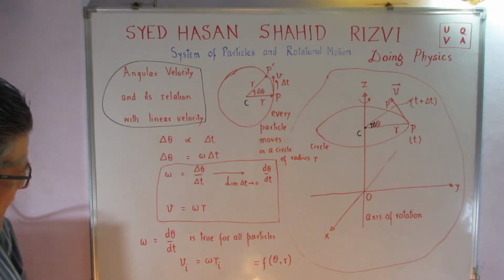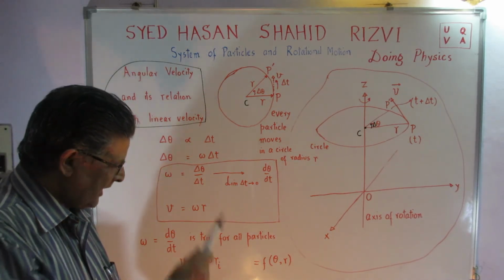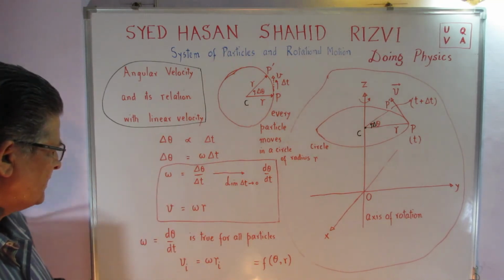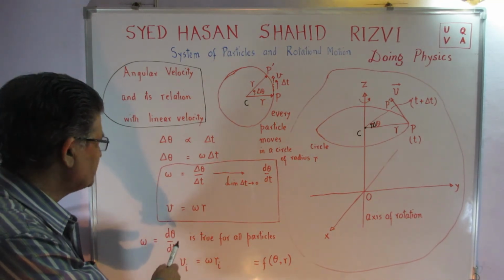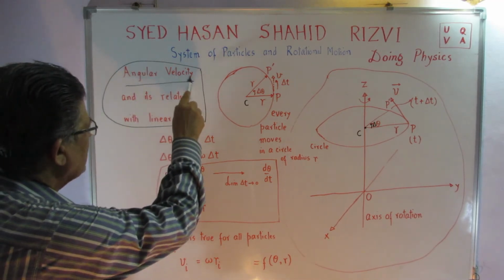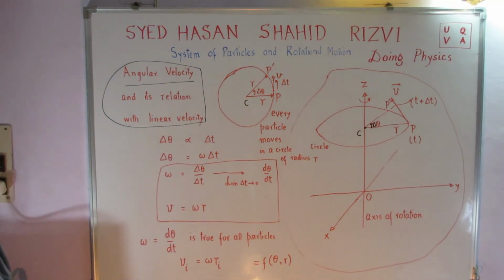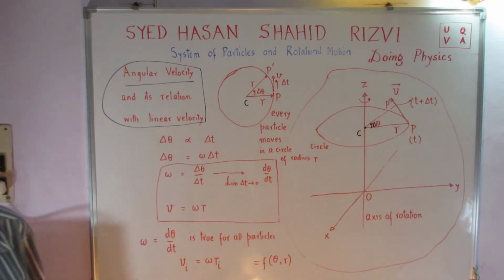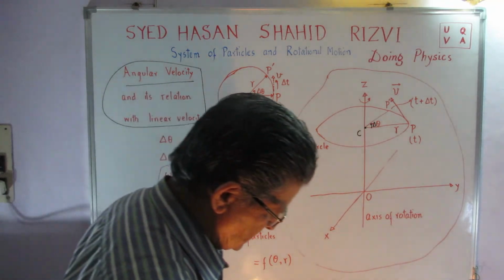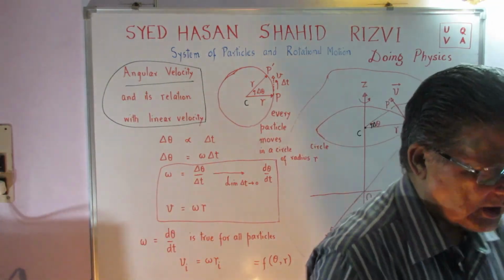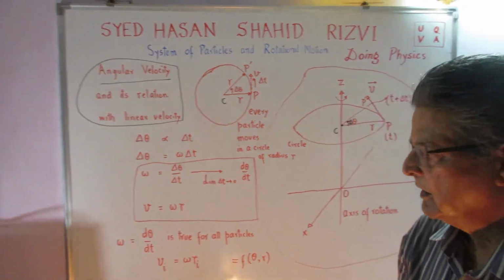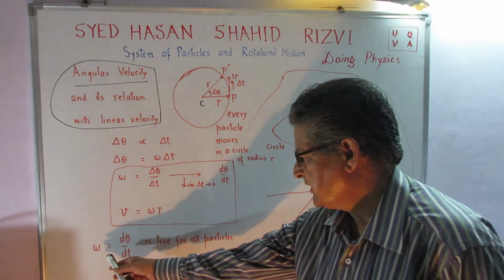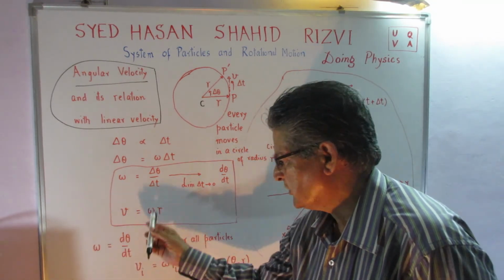So omega, the angular velocity associated with a system of rotation, is defined as d theta over dt, and this is true for all particles, because all particles move in their circles with a constant angular velocity.